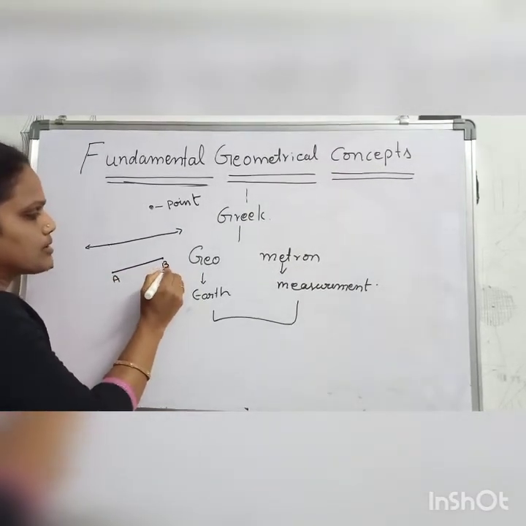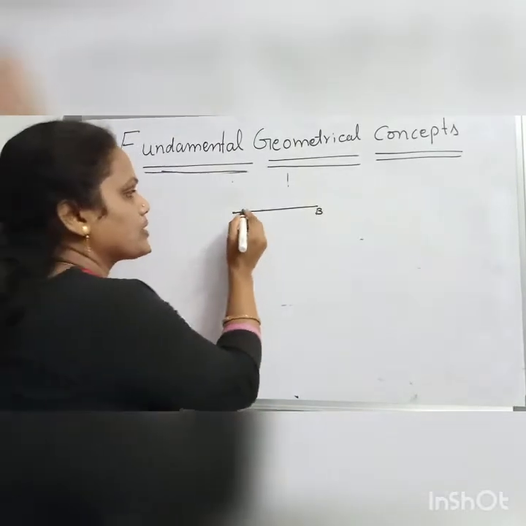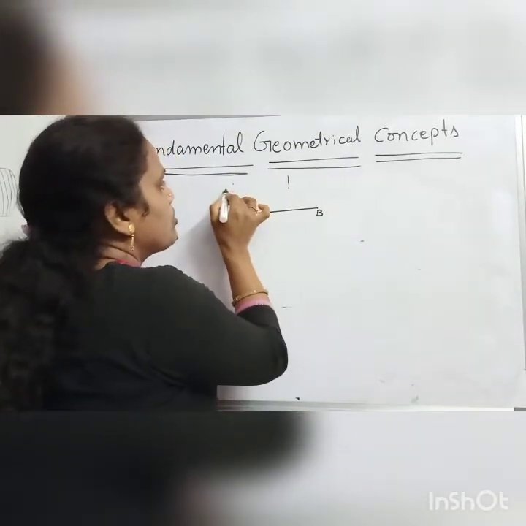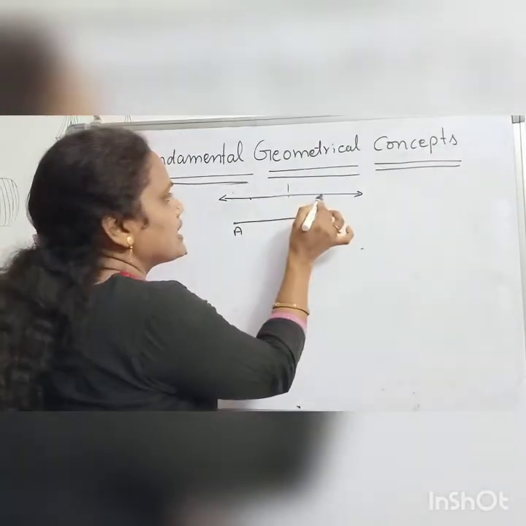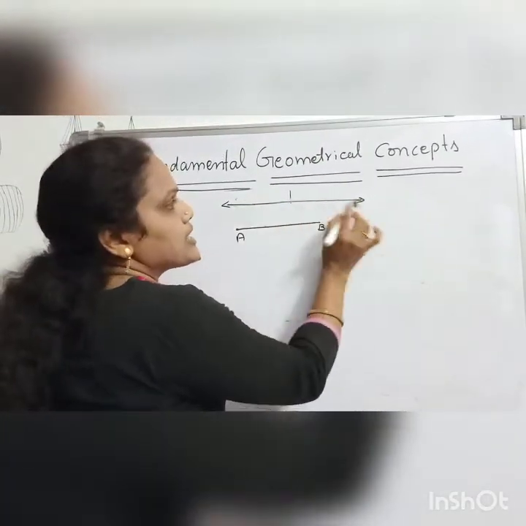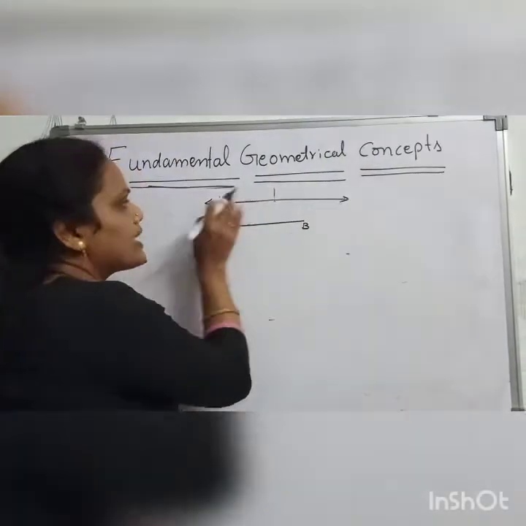We can't measure the line because it extends endlessly to the right side and left side.